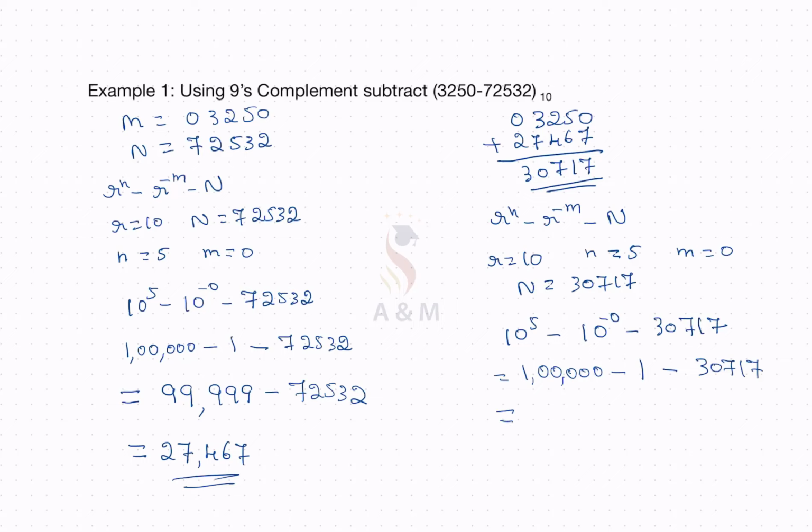We get 99,999 minus 30717, which is equal to 69282.